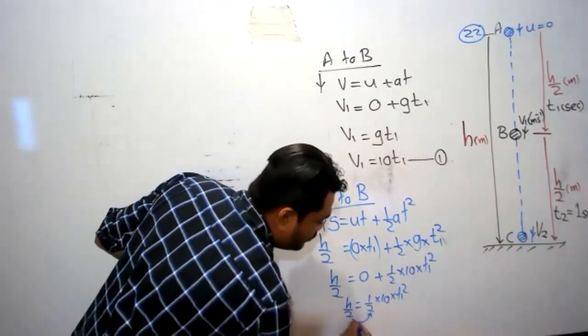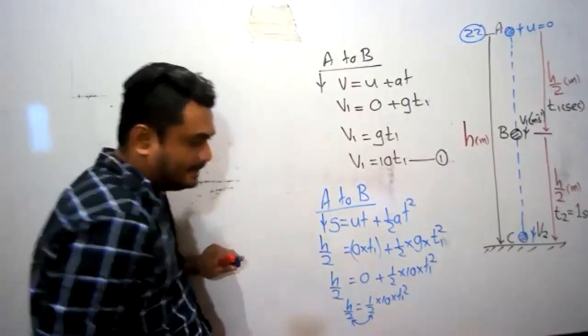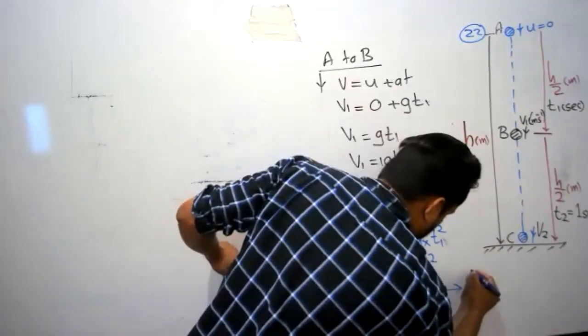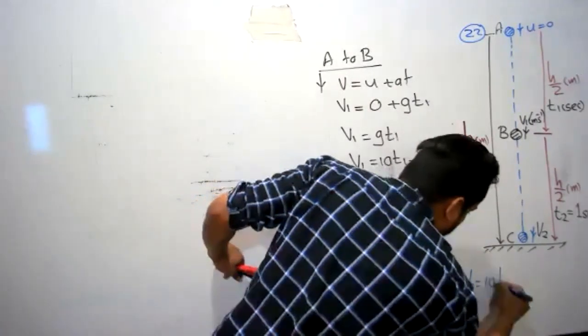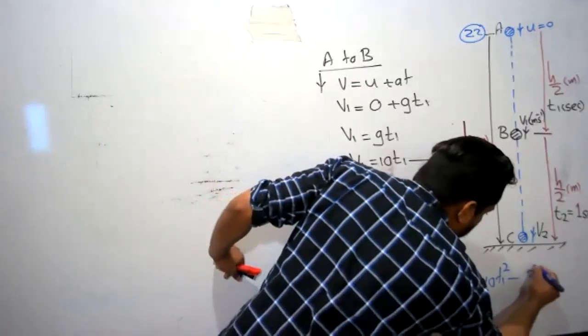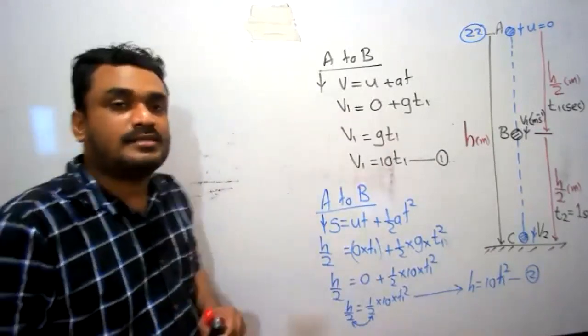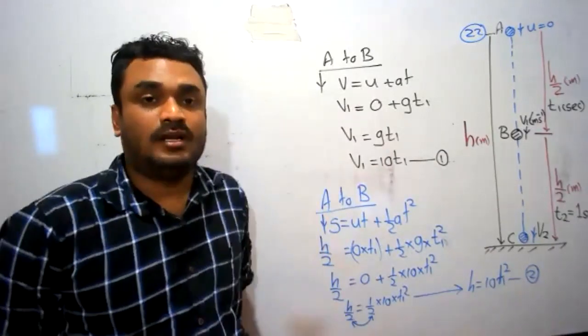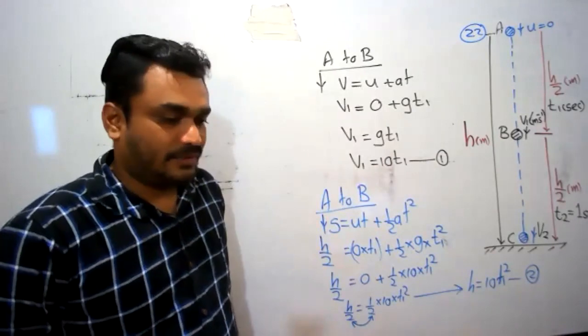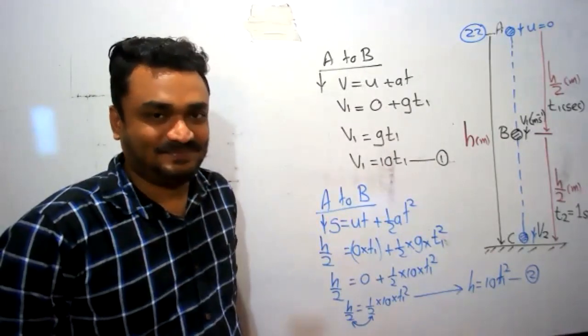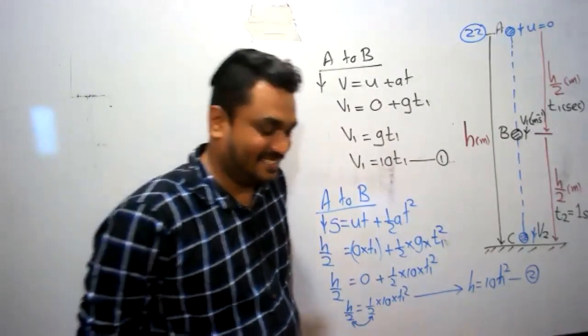This 2 and this 2 can be cancelled out. So finally you will get H equals 10 T1 squared. That's the second equation. Please check whether I have written them all and whether there is any error. Right. Completed.